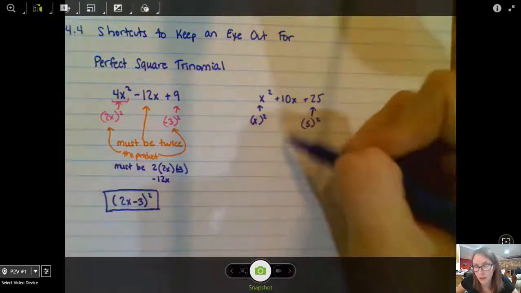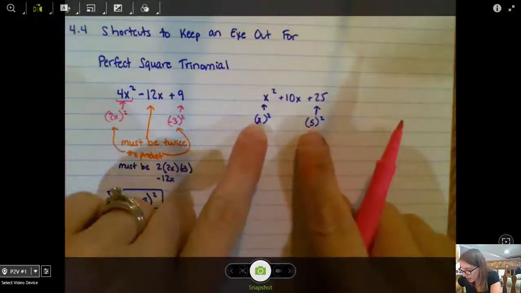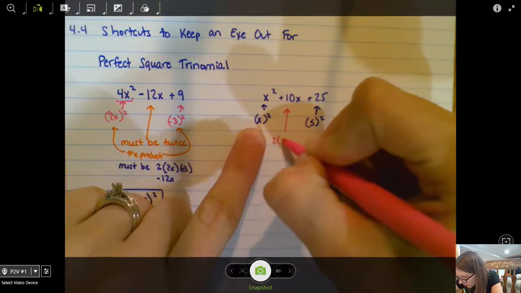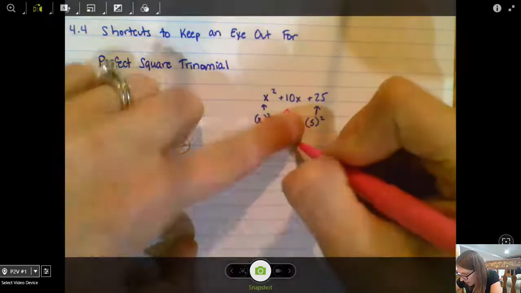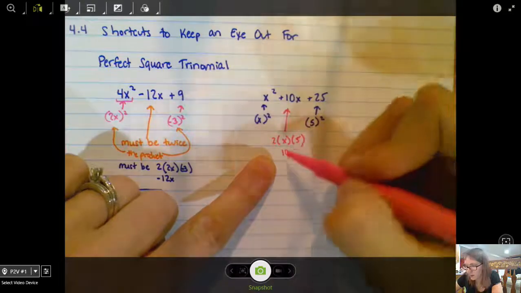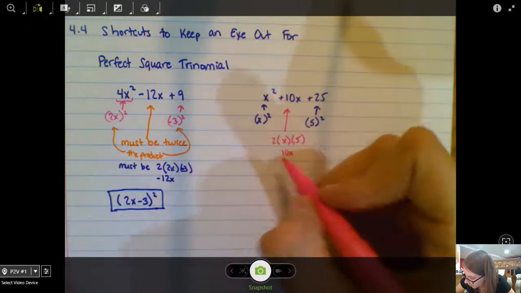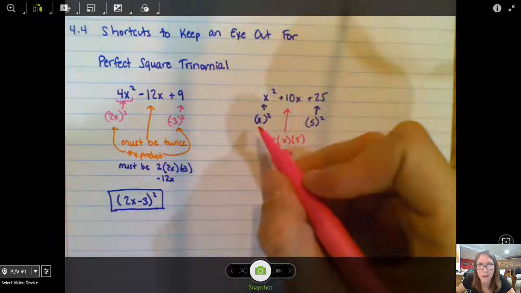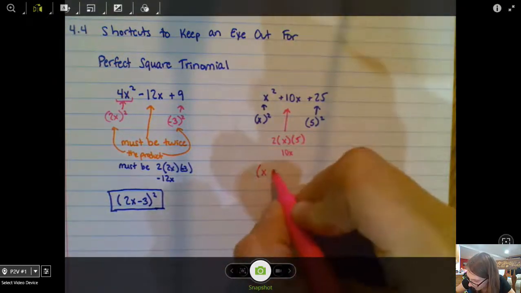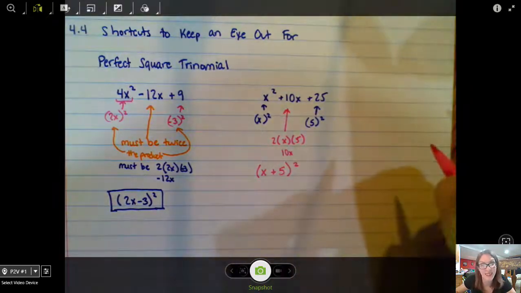Keep in mind my middle must be twice the product of these guys: 2 times x times 5. That's 10x, a positive 10x, which is what we have here. Once all of that checks out, I have an x and a positive 5, and we square it. That's it.